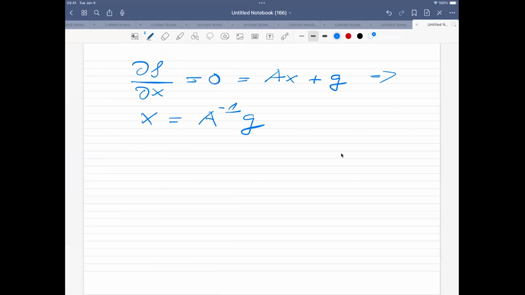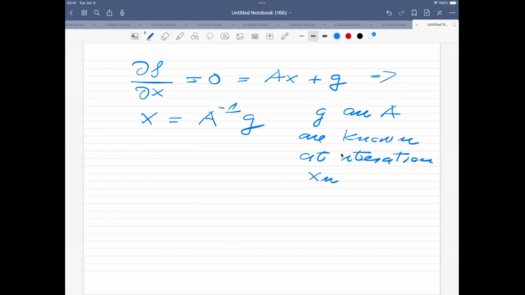Okay? And the thing is that g and A are known at the iteration. And since I'm using x instead of alpha here, I should actually write x of n here.